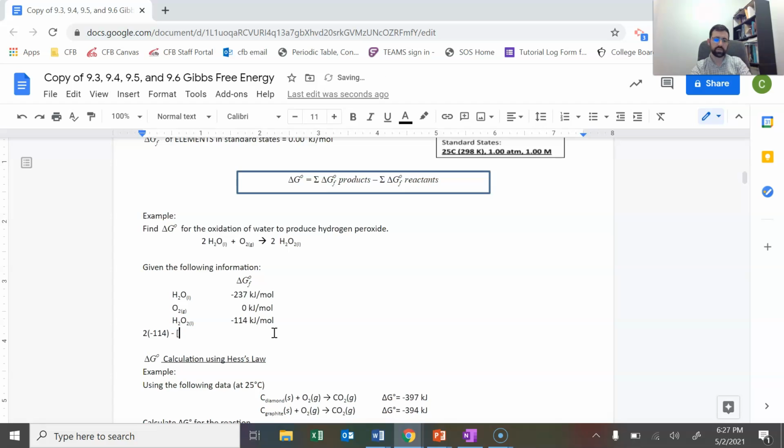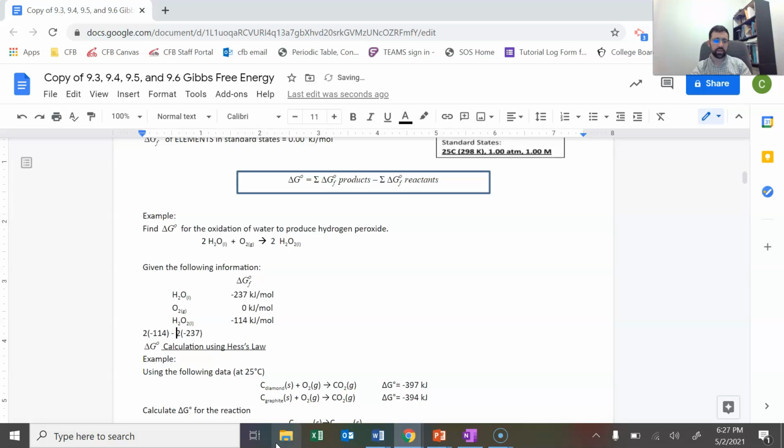I'm going to set up some brackets here. And it's going to be 2 times, for water, negative 237, plus for oxygen, I've only got one of them, and it would be 0. So really I don't actually need the brackets in this case because plus 0 is not going to change anything.